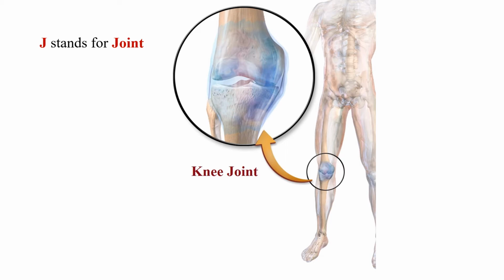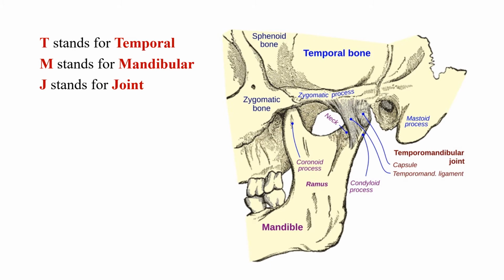Here is the knee joint, which is the femur and the tibia primarily that are moving together. So here we see T stands for temporal, M stands for mandibular, J stands for joint. So the abbreviation, or acronym, TMJ stands for a joint, right? Not the knee joint, but the jaw joint.